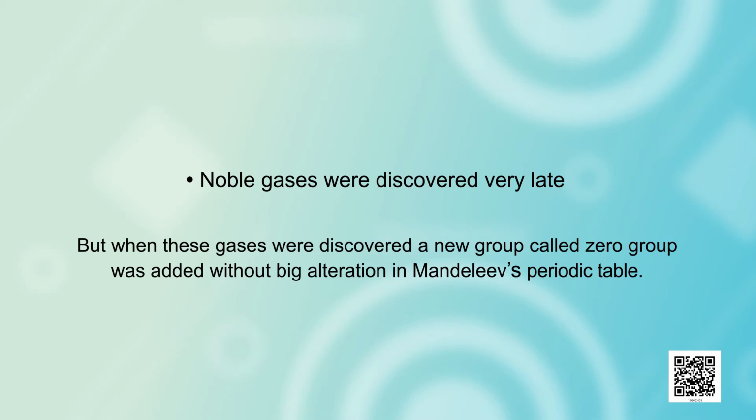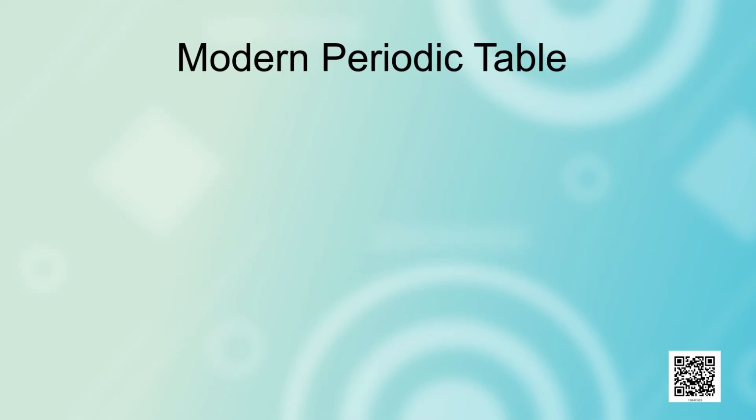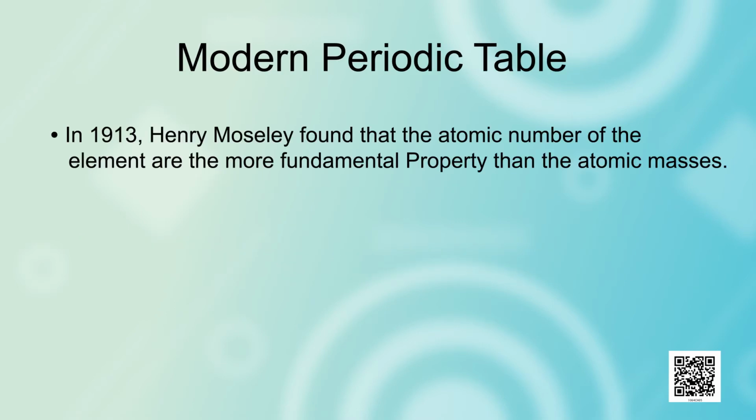Now, let us see the modern periodic table. In 1913, Henry Moseley found that the atomic number of an element is a more fundamental property than its atomic mass.